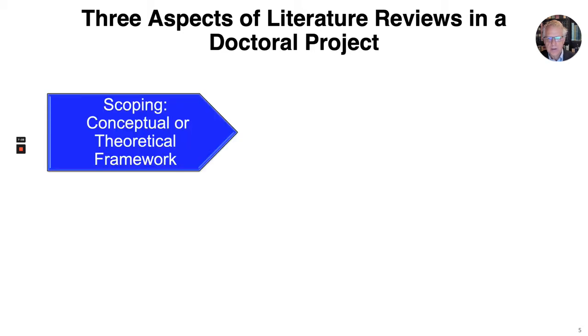There are 3 aspects of literature reviews in any doctoral project, which can be a doctoral project in a practice-based doctorate or a dissertation. First, the student, or the doctoral scholar, as we may call them, needs to do some scoping. They need to look at the conceptual or theoretical frameworks that could be used to support the research they intend to conduct.